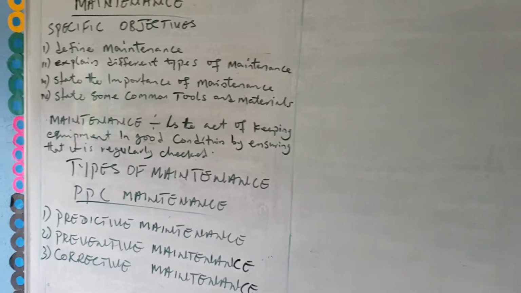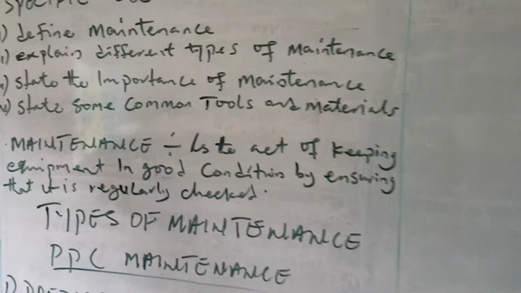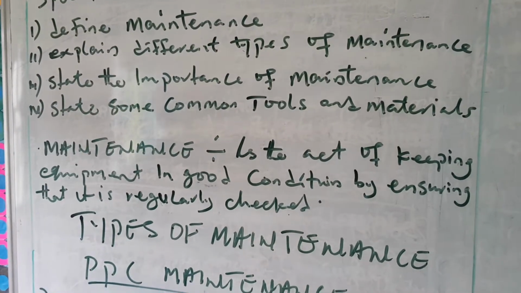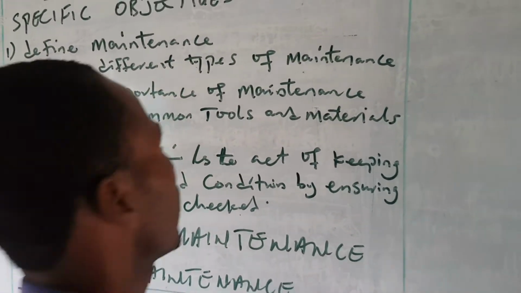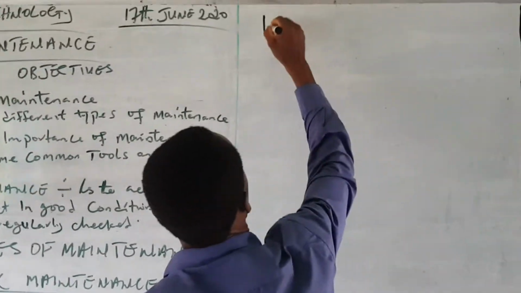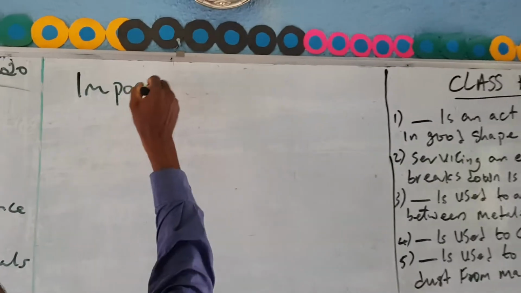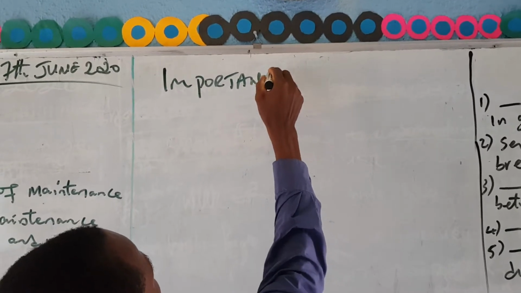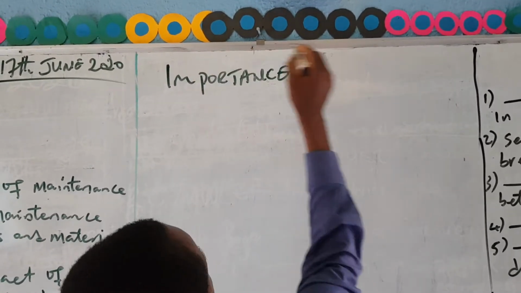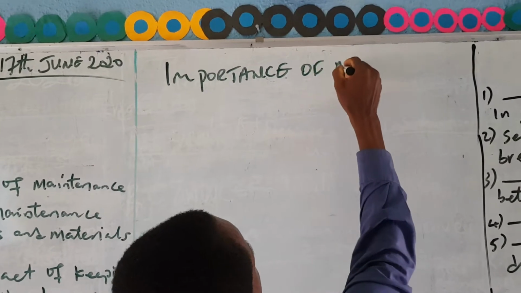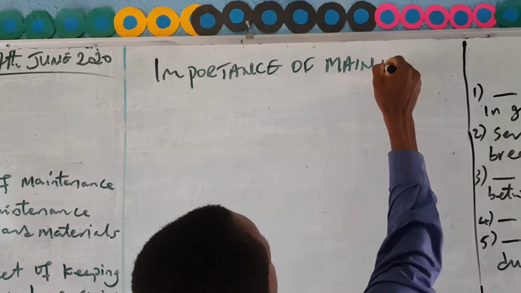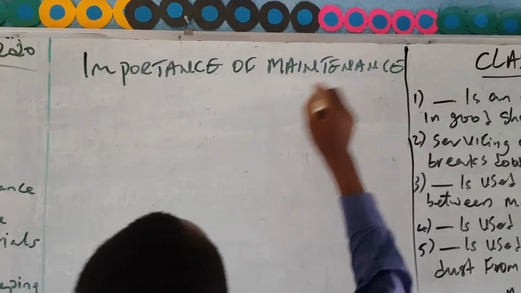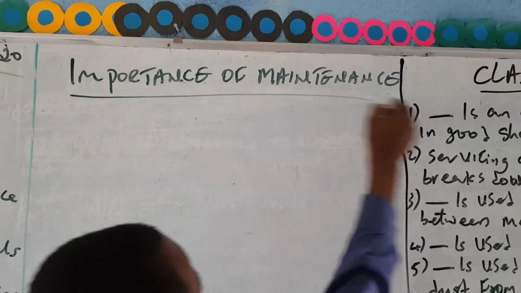Alright, let's go to our specific objective number 3: state the importance of maintenance. Importance of maintenance on the board.